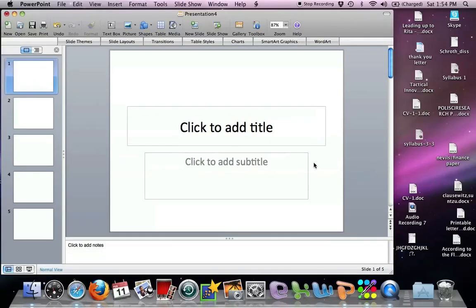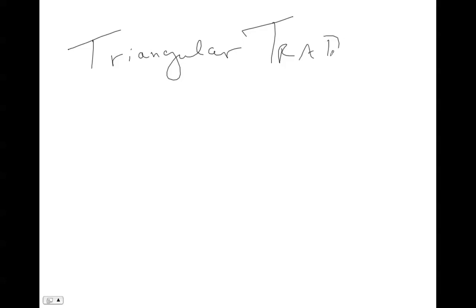Now, how did this trade work? Well, you had the triangular trade route. Triangular trade. Well, by the late 17th century, you could say that the Atlantic Ocean, all right, was sort of like this great commercial highway.